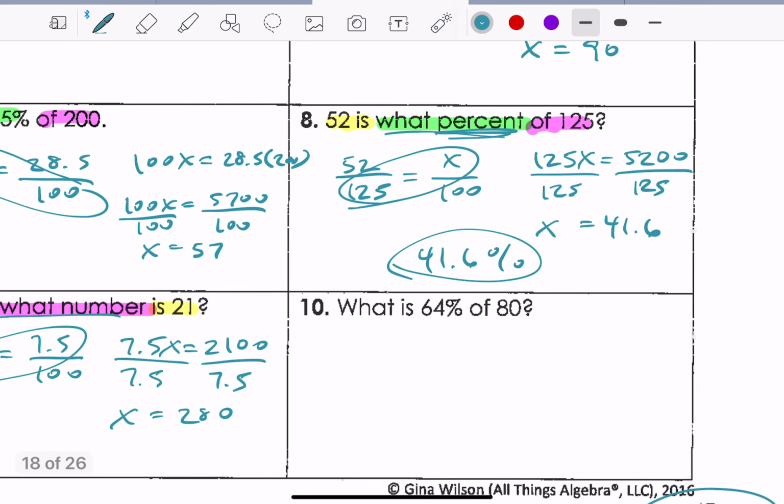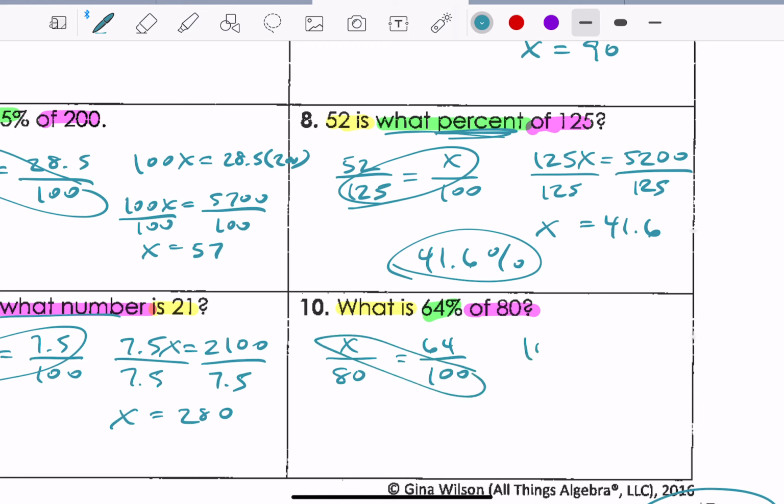Okay, last one on this page. So where's my is? What is? That means it's missing. My of is 80. My percent is 64. So I'm going to set this up. Is x. That's what I don't know. Of is 80. And then I know my percent is 64 over 100.